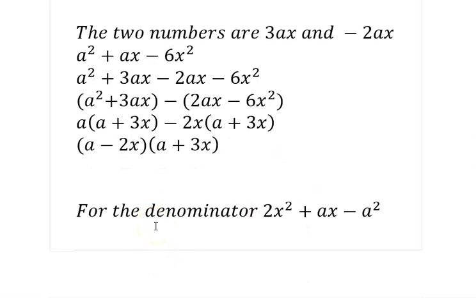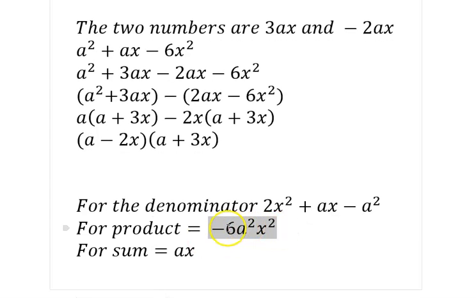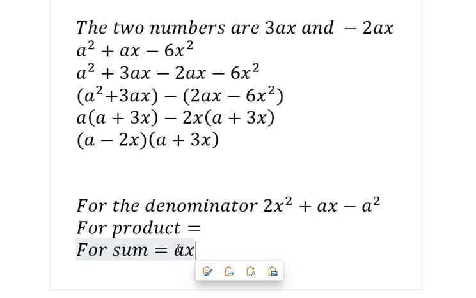That will go a long way to help us for the denominator. Beautiful. Now the same thing for the product, we times what we have here and what we have here. For the sum, we just pick what we have at the middle. So for the sum, it's just ax.